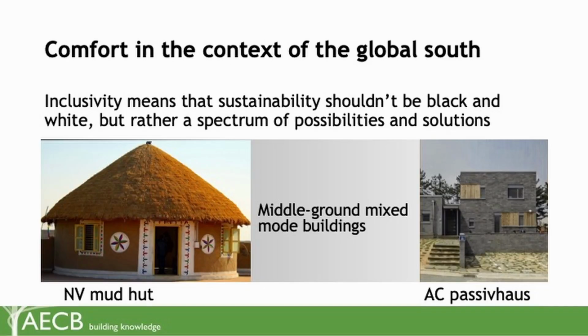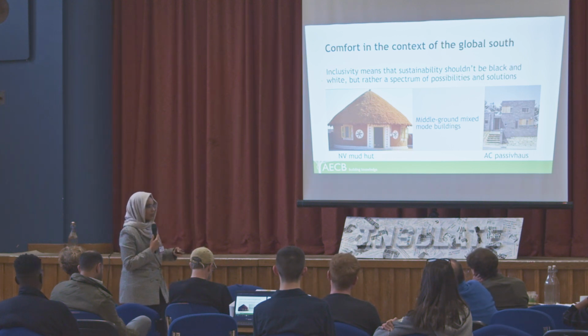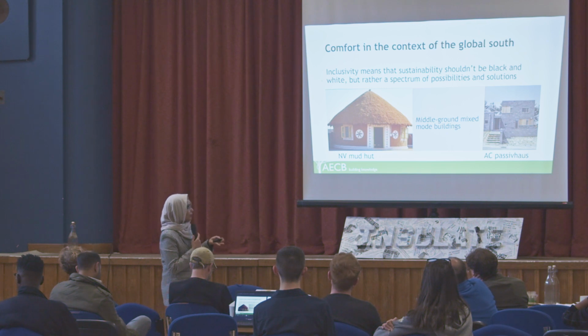So what we're talking about is, what about this middle ground? What about mixed mode buildings that are more accessible to a wider section of the population who can't afford that passive house, but also don't want to live in that mud hut that is fairly comfortable, but it can't be used because of social stigma, because it doesn't fit with their modern expectations.